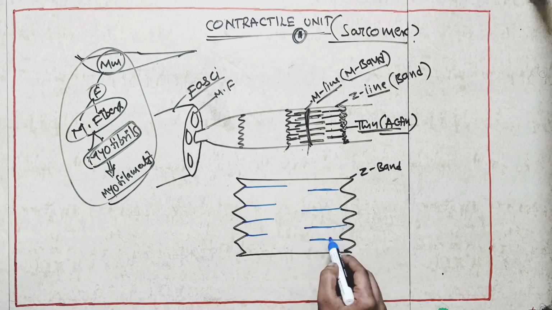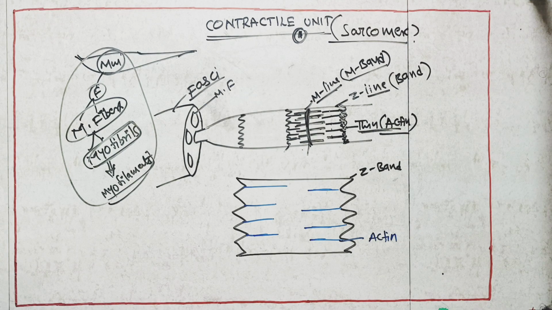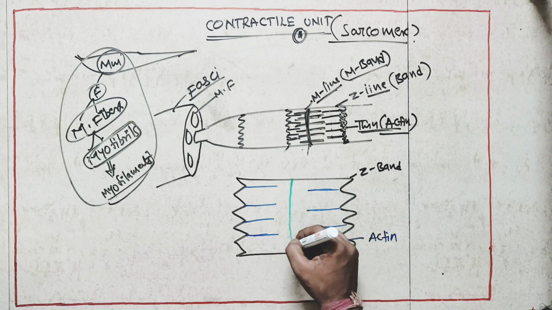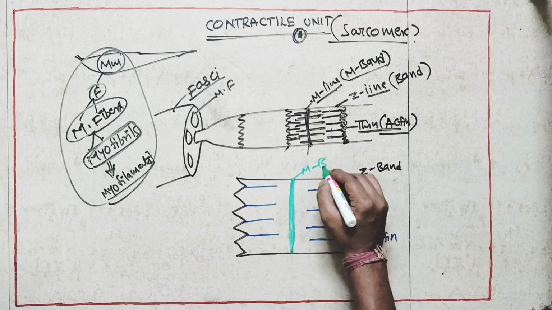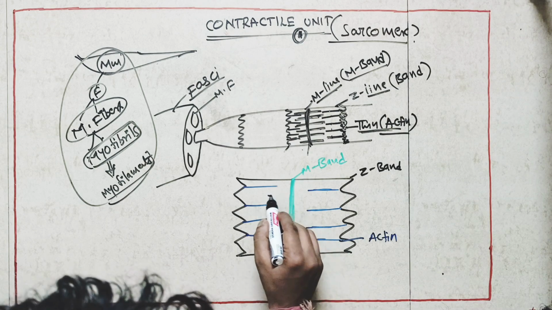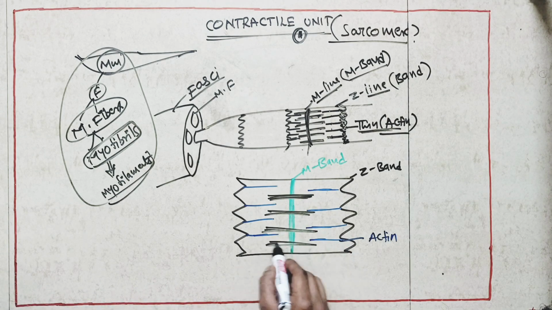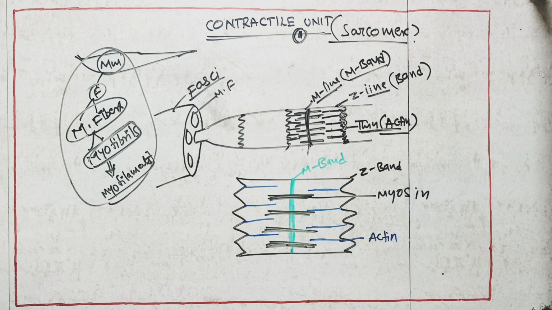In the middle we'll have one line, that is the M band. From this M band we'll get thick filaments. These thick filaments are myosin. So this is the sarcomere.